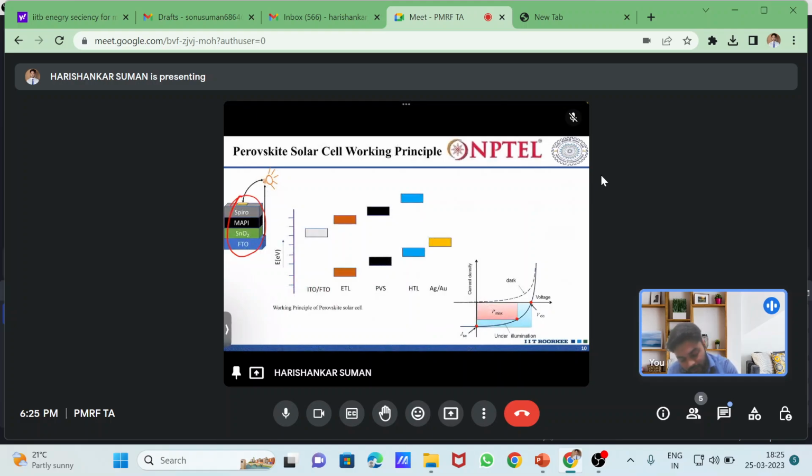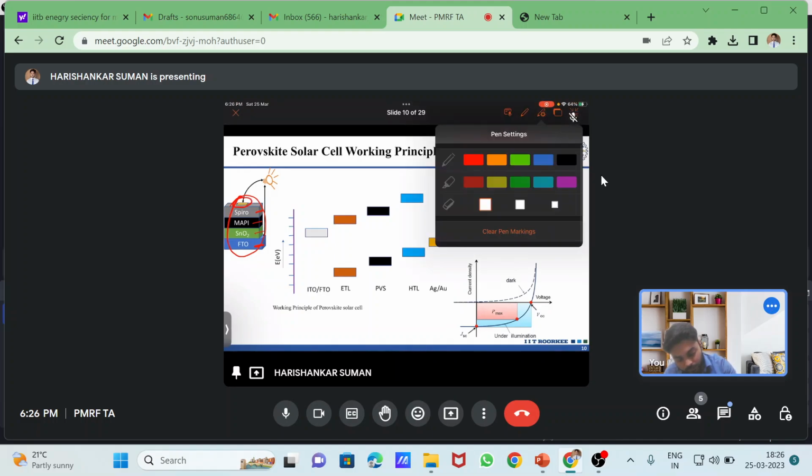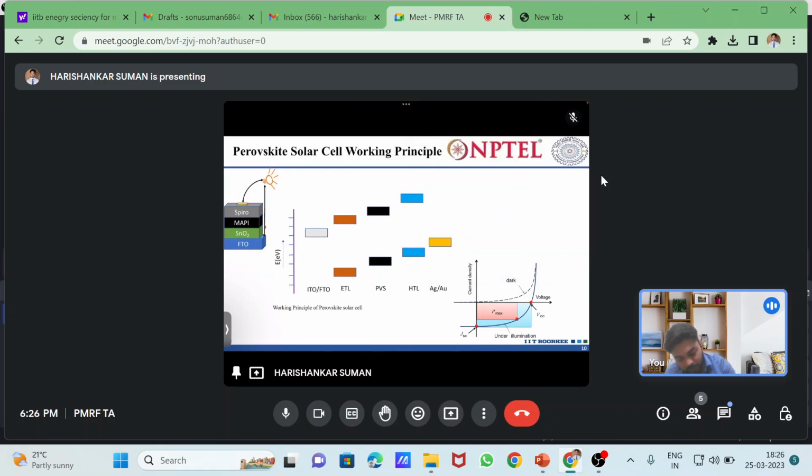So let's understand the working principle in an animation. A perovskite solar cell has this structure: first FTO, then the electron transport layer, then perovskite, then the HTL layer, and the upper contact, and below is the lower contact FTO, which is the conducting layer. You can see it clearly in the diagram.